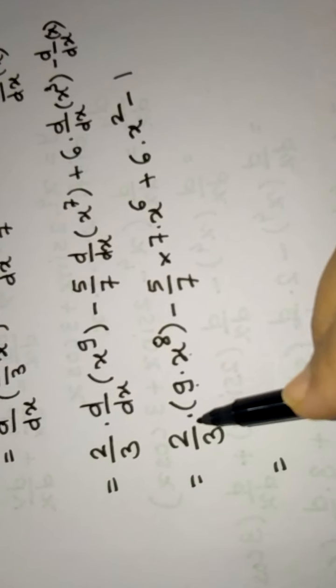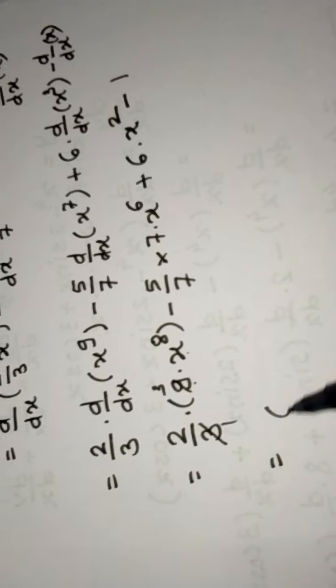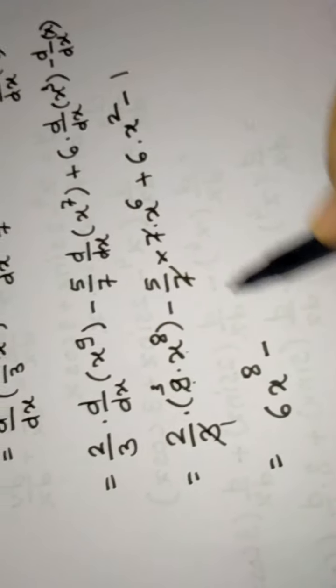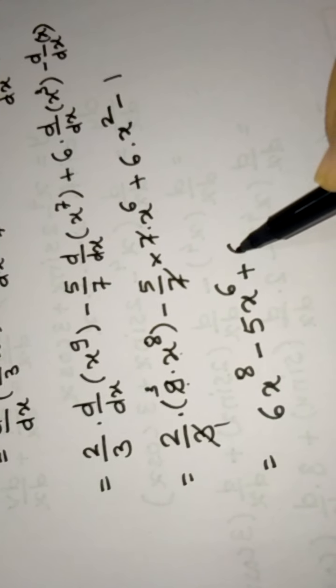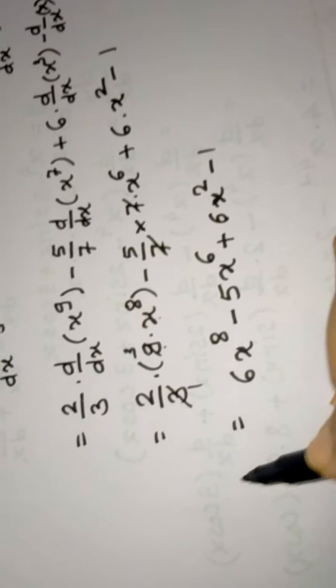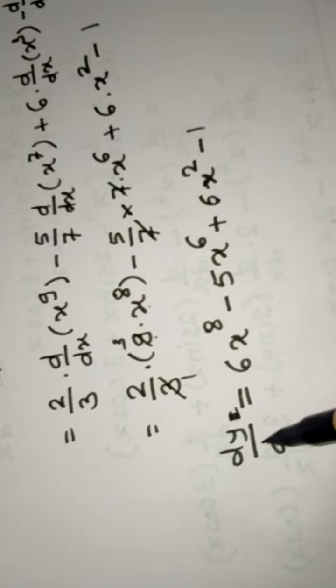It is equal to 2 upon 3, divide 9 by 3, that is 6 x raised to 8, minus 7 and 7 cancel, 5 x raised to 6, plus 6x square minus 1. This is the value of dy by dx.